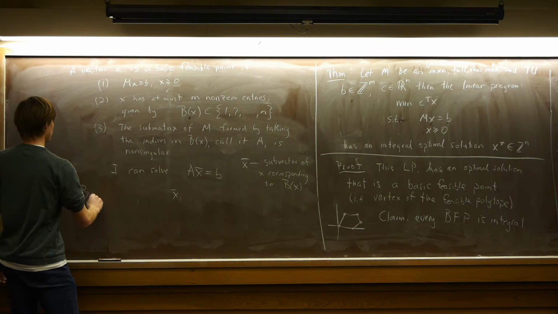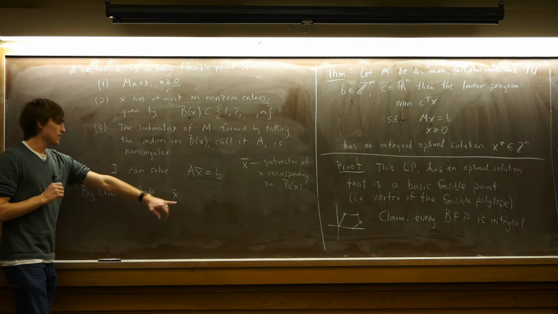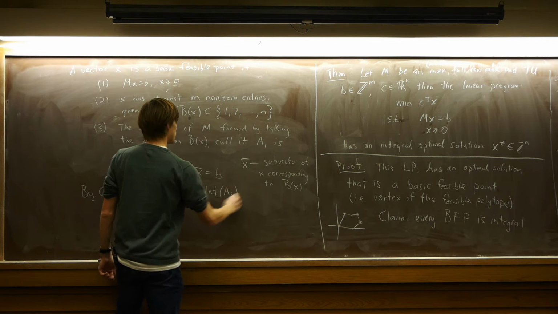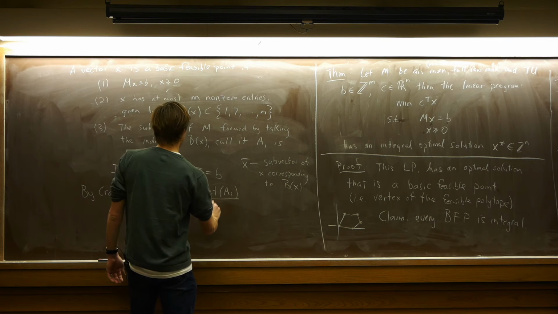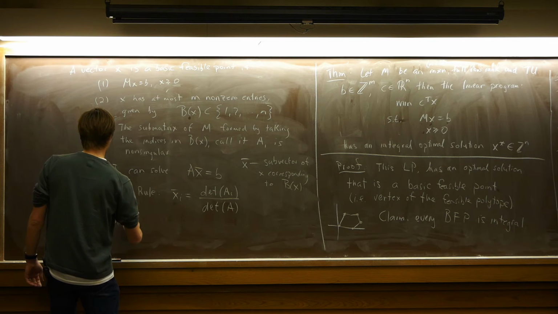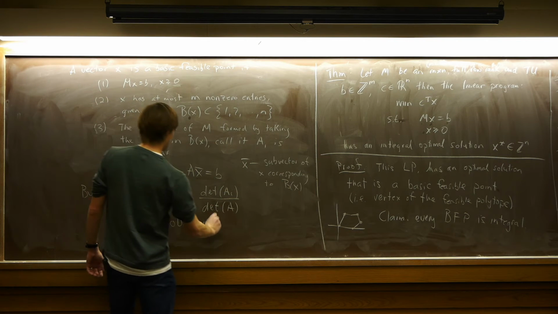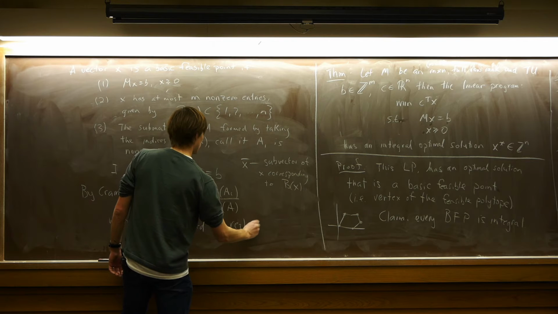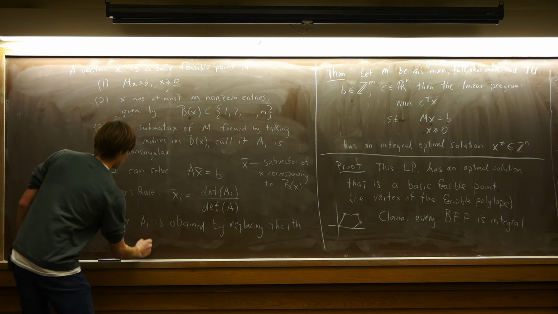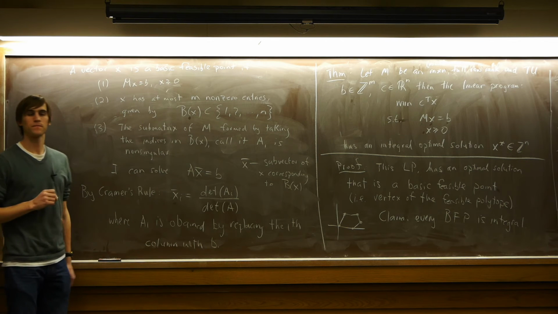Cramer's rule states that one entry of this vector is the determinant of some matrix, we'll call it A sub i, divided by the determinant of A, where A sub i is the matrix obtained by replacing the ith column with the vector b. Okay?